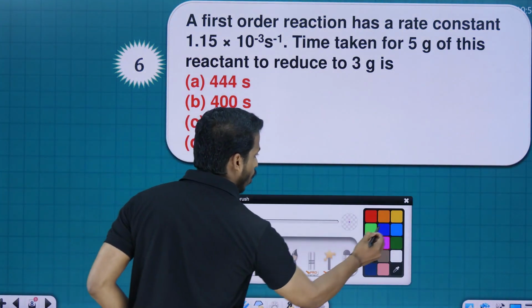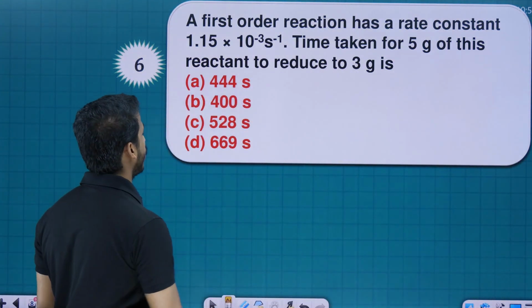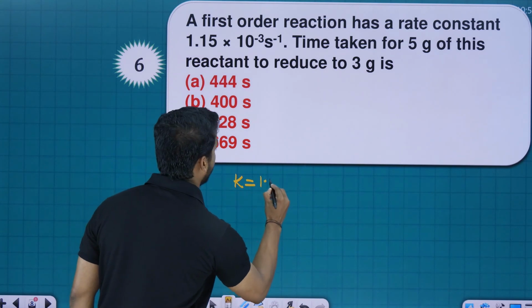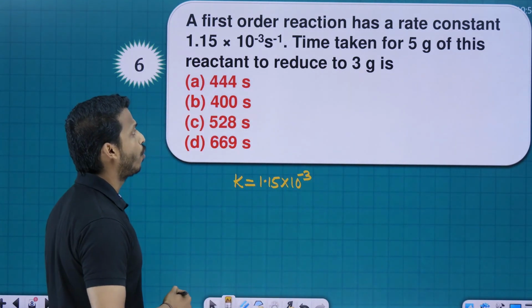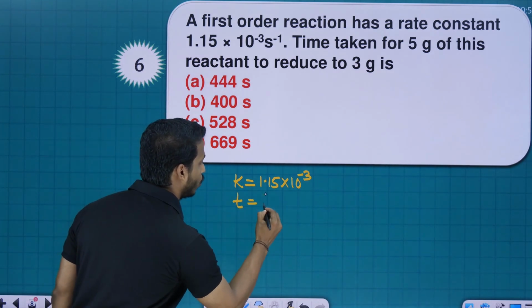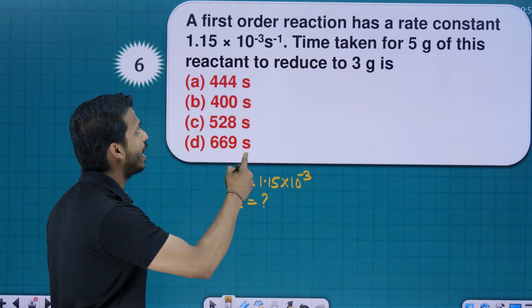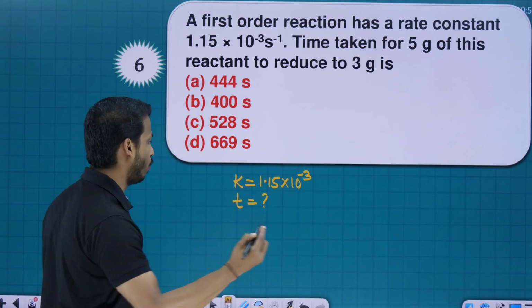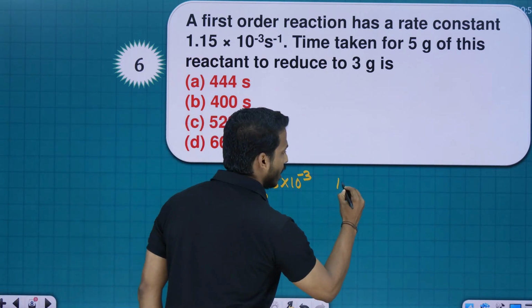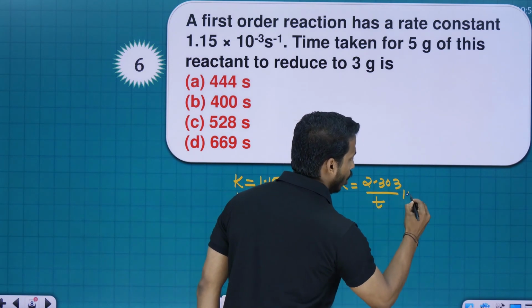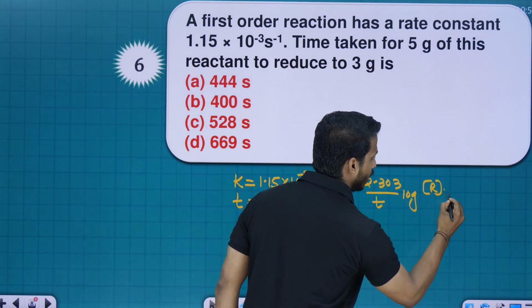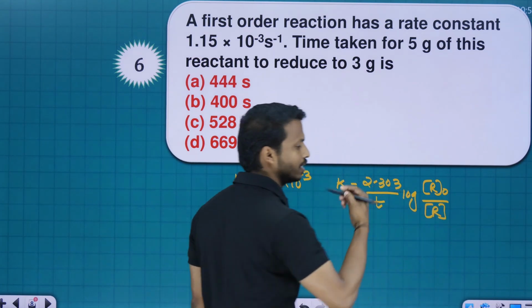Next one: a first order reaction has the rate constant K given as 1.5 into 10 raised to minus 3. Time taken for 5 grams of the reactant to reduce to 3 grams. What is our equation for the rate constant here? K is equal to 2.303 by T into log of initial concentration of reactant by final what is left.